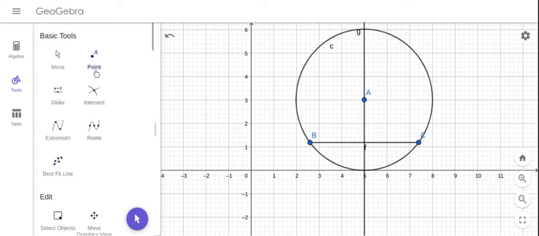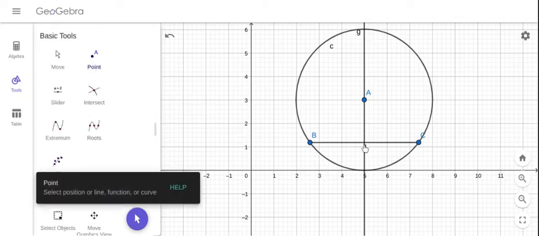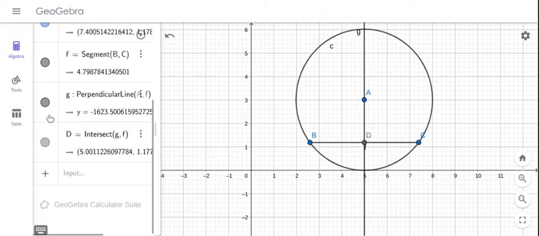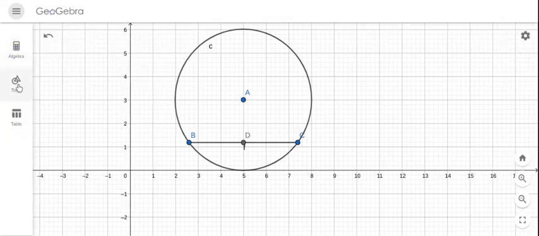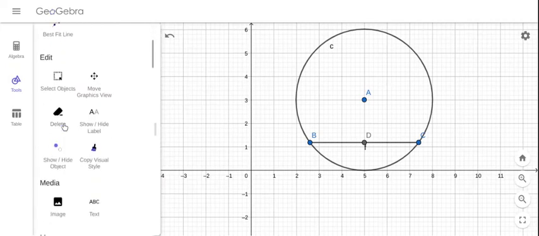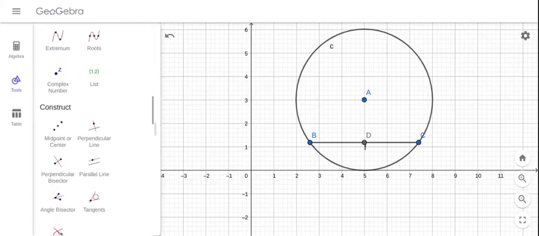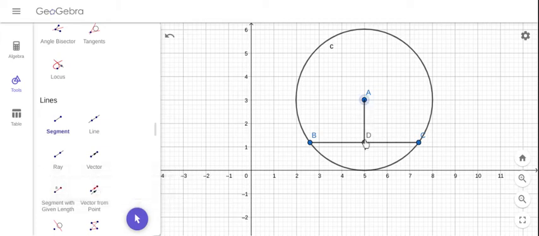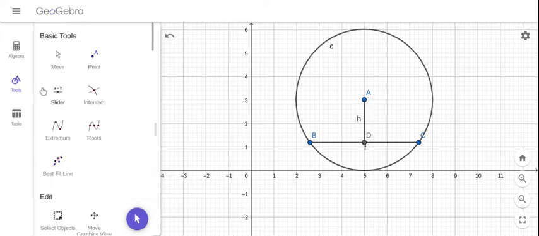Let me define this point of intersection. This time I'm going to define it only on the chord segment, and let me hide the line. Let's quickly create a segment to understand what's happening with the distance AD. So the distance is defined with the segment AD here.